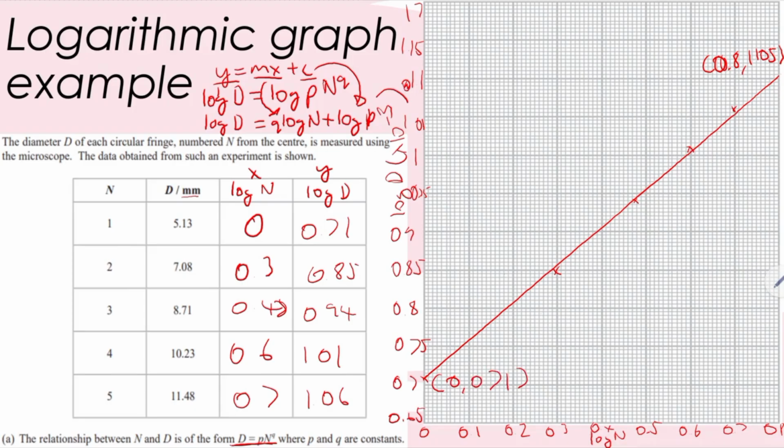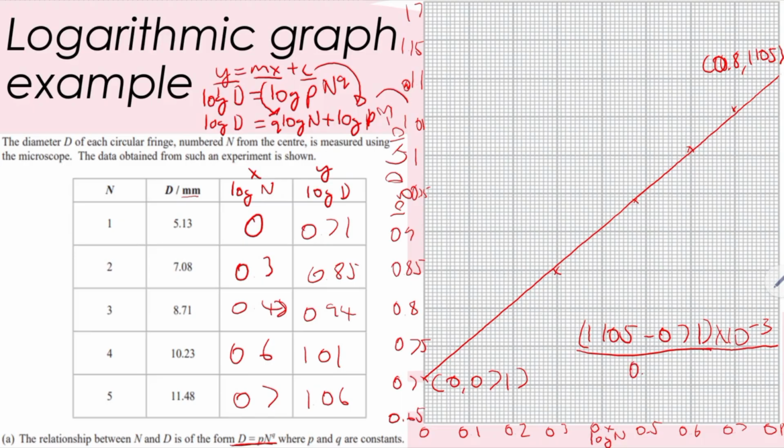So we need to do 1.105 minus 0.71, and you have to times all of that by 10 to the power of minus 3, as we want to have it in meters.